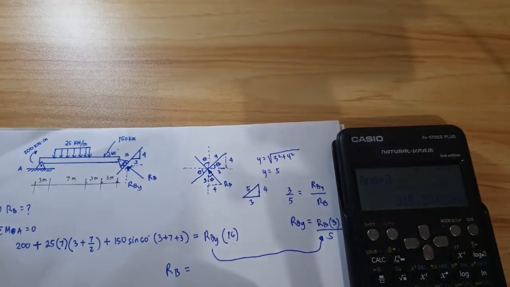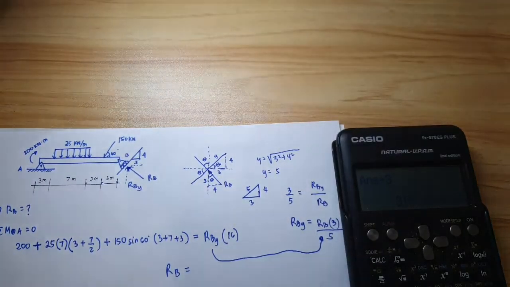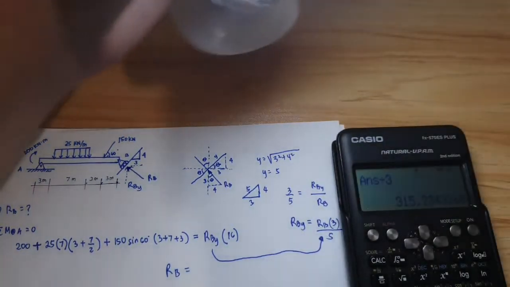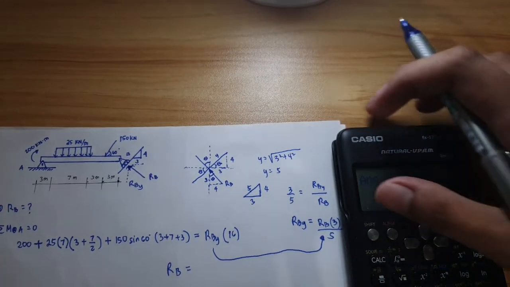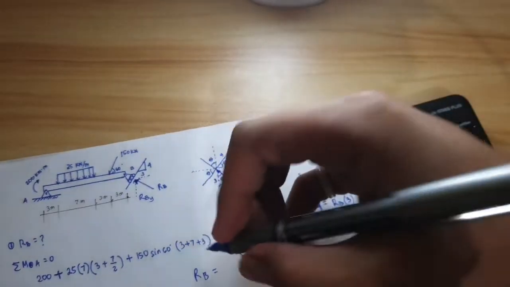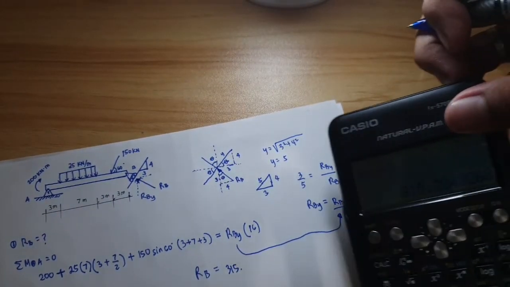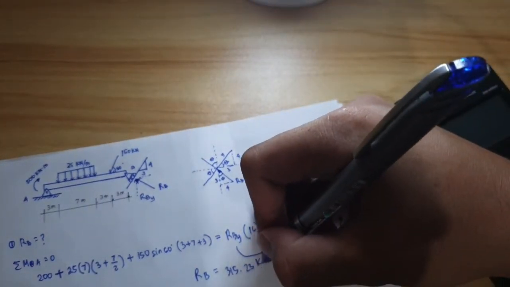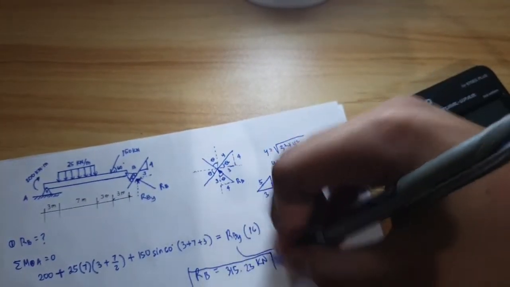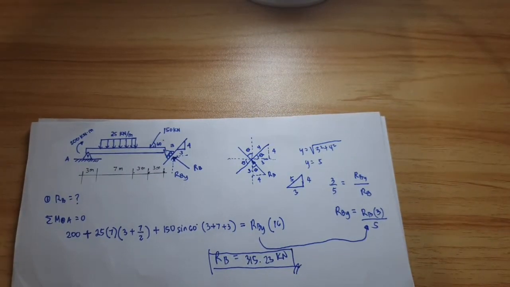So we have 315.23 kilonewton. So that is the reaction at B. Okay? Klaro ba?